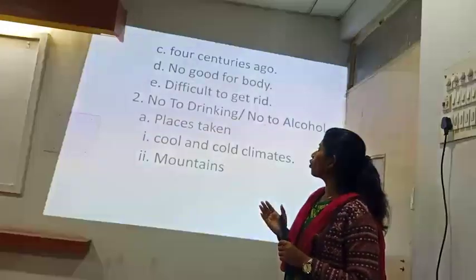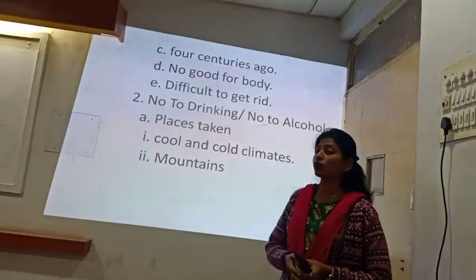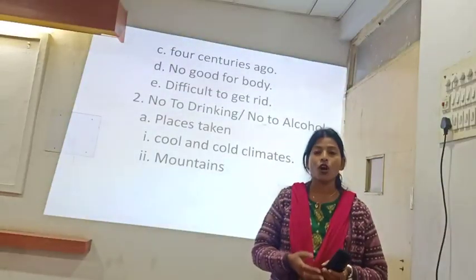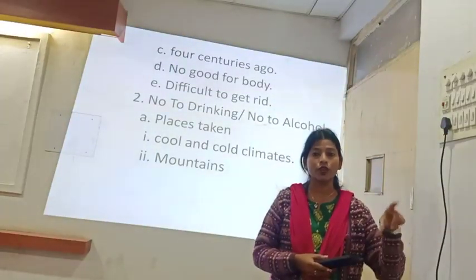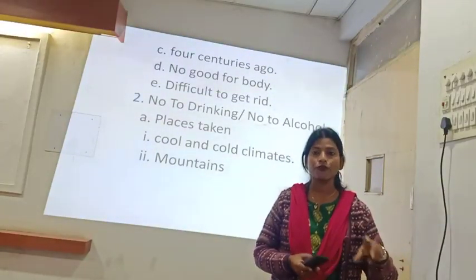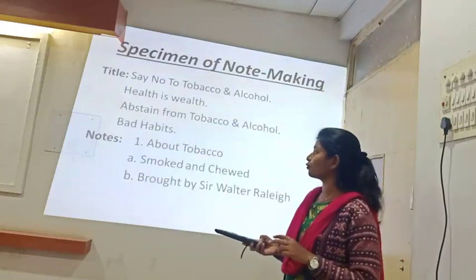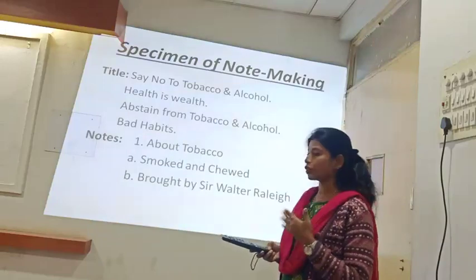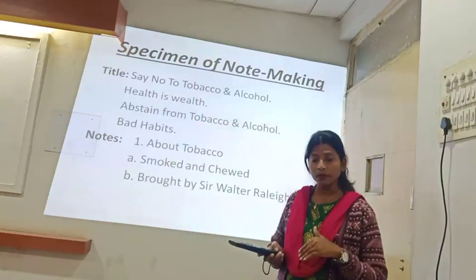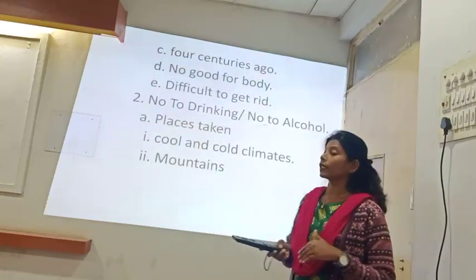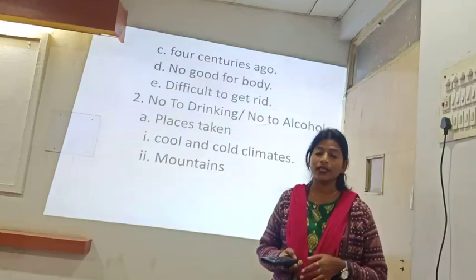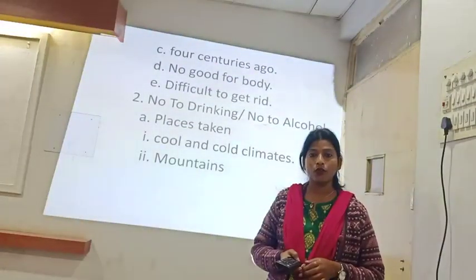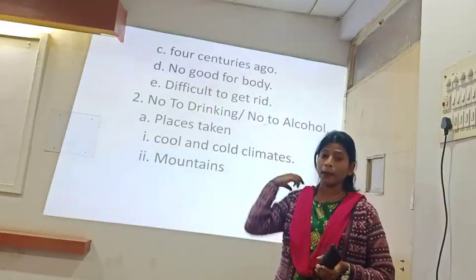Last supporting point: difficult to get rid of. Now after reading the first paragraph, you have to write only in brief and only facts, right? Tobacco is smoked and chewed, brought by whom, when, okay? Then no good for body, and the last, it is difficult to get rid of. Over.